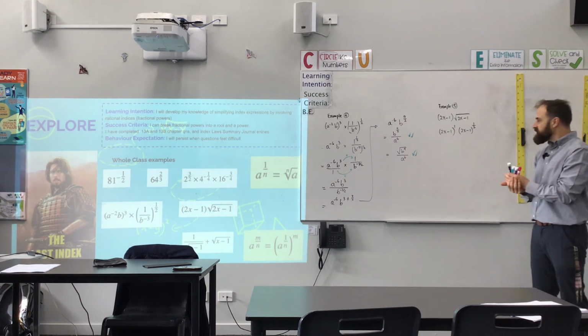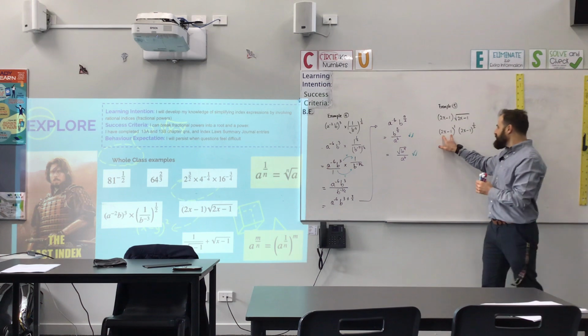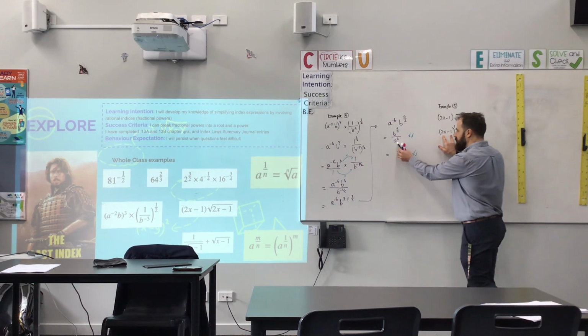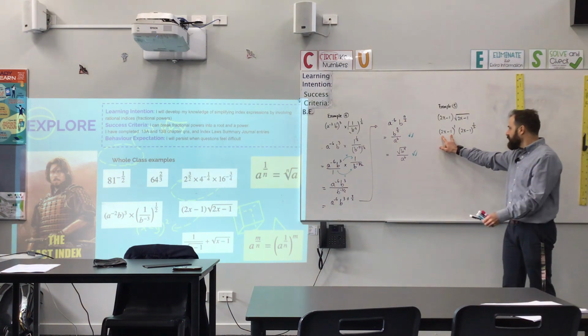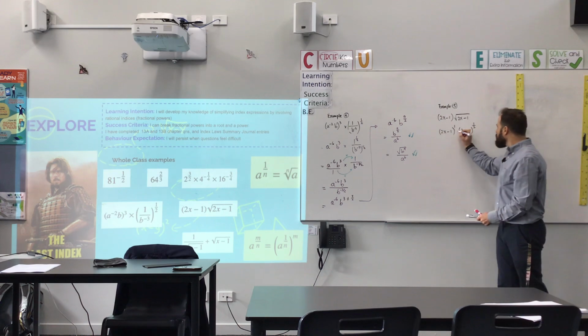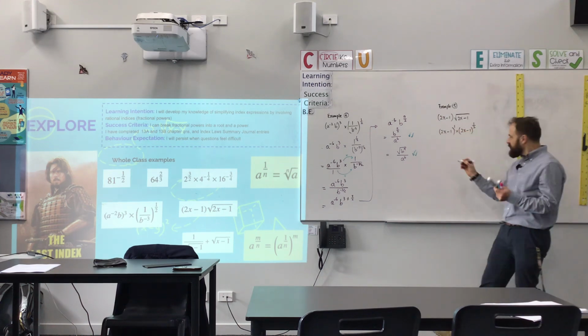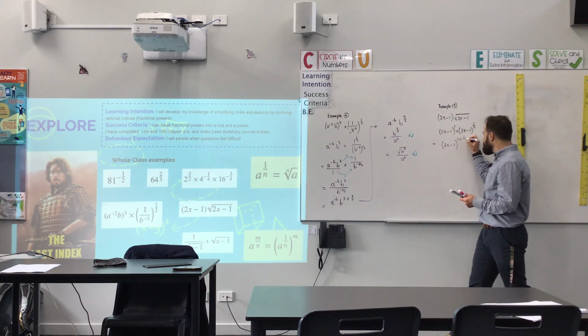So this is just a really simple index multiplication problem where my base, instead of my base being a singular term, my base is this expression, this linear expression. So when I have multiplication, what do I do? I keep the base and I add the powers.